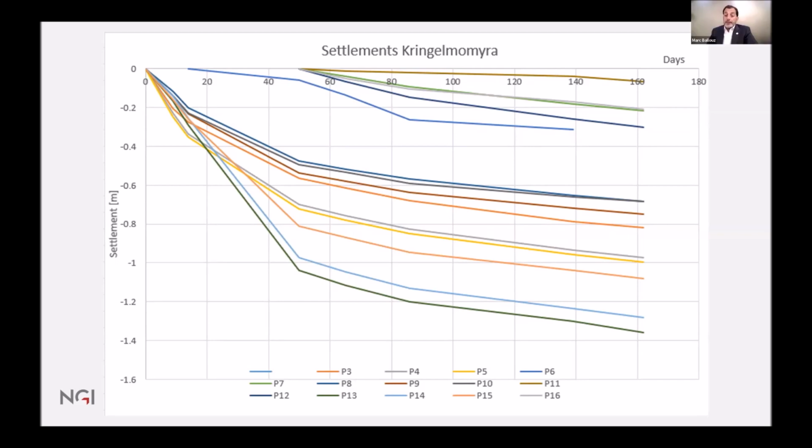I want to quickly tell you about settlement. If it's occurring in a uniform way, we don't worry too much. In Mexico City, for example, they deal with settlements up to 10 meters on buildings. So if you live on the first floor, at one point you will be living in a basement.